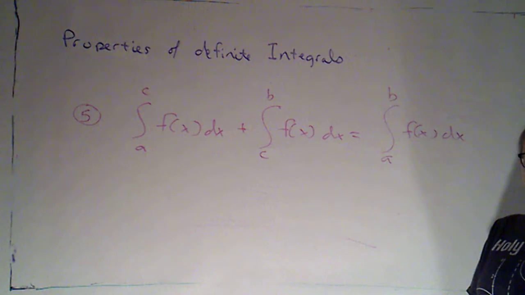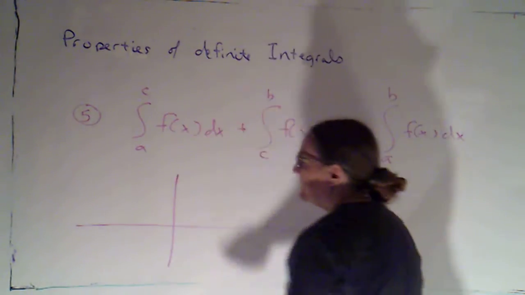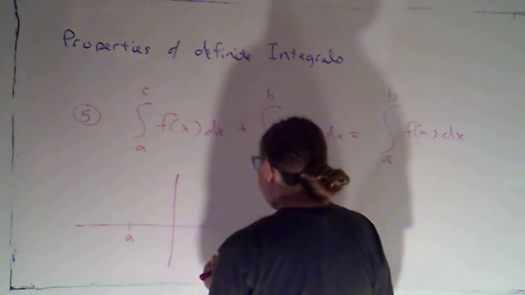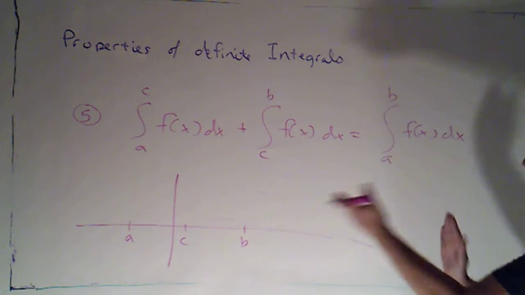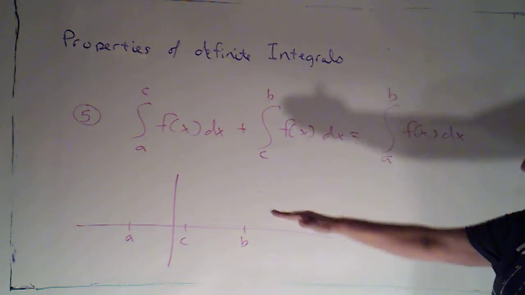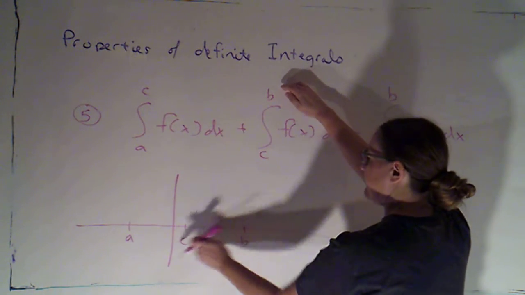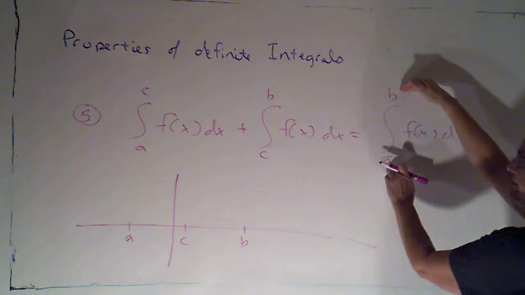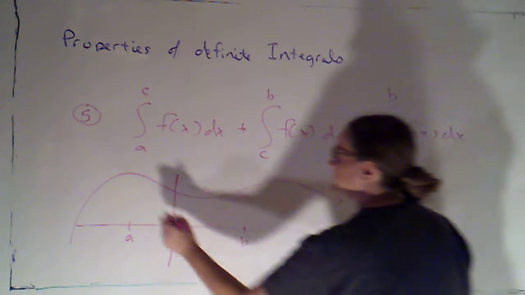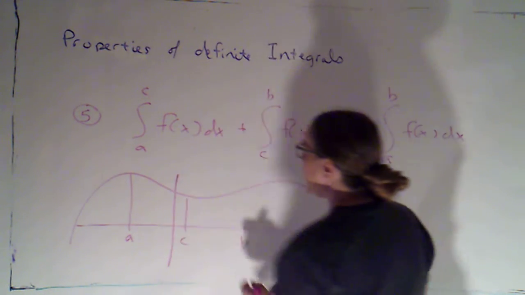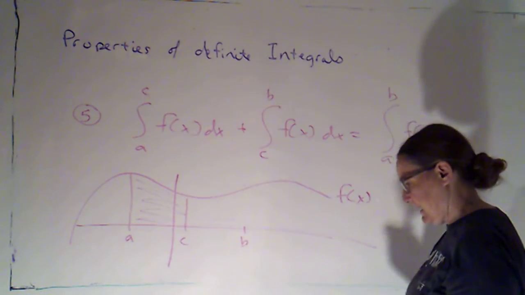Now, I'm going to draw a couple of pictures here. The simplest situation is if A is here, C is here, and B is here. So I'm not going in alphabetical order, but essentially here we're saying I'm going to integrate from A to C, and then here I'm going to integrate from C to B. And if I put those pieces together, I'm integrating from A to B. So if here's my function f of x, I can see the integral from A to C would represent this signed area.